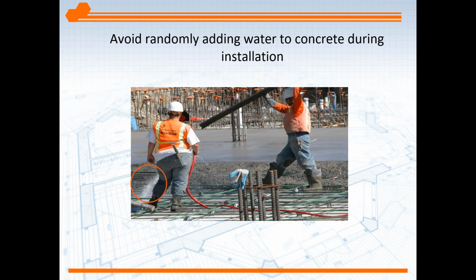Now, this water may not affect the strength of the concrete since it's not being mixed in, but that's excess water that now has to evaporate or dissipate before we can install tile. And we don't know when we get on a concrete slab if this water was added or not. But again, it's a potential source of moisture, that extra moisture that we have to worry about.